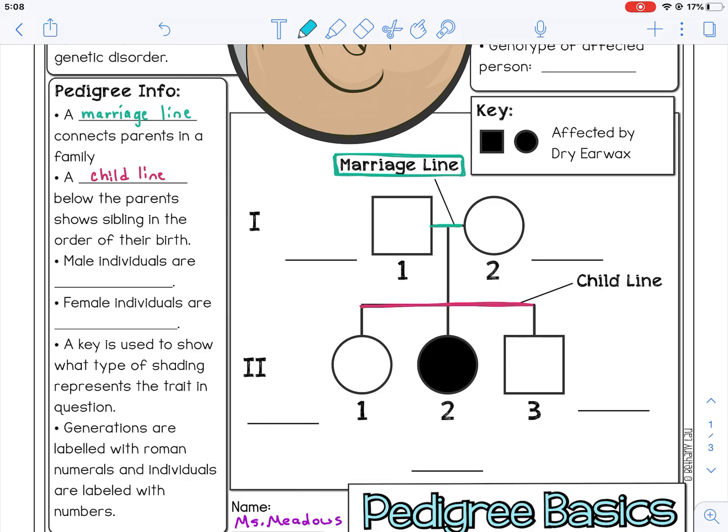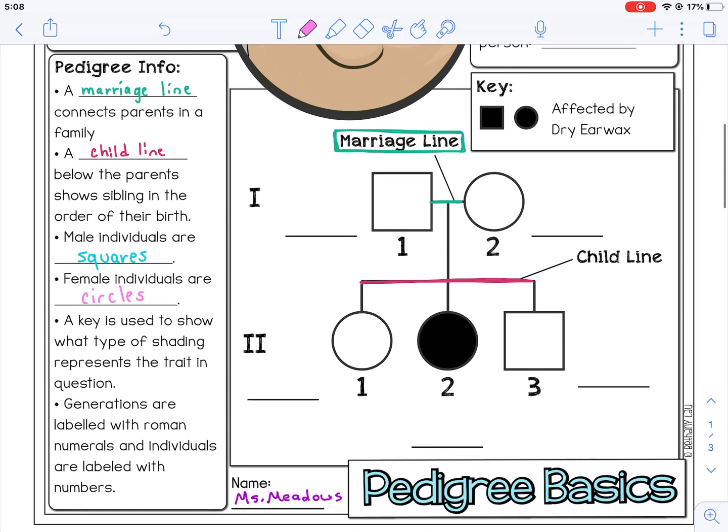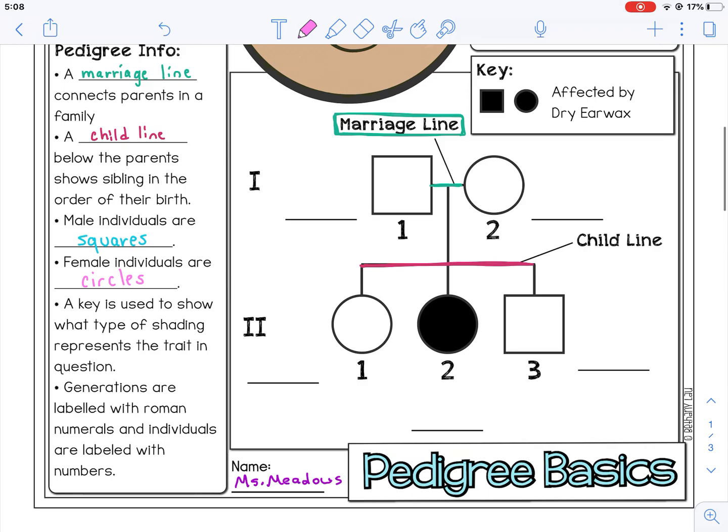Male individuals are represented with squares, and female individuals are represented with circles. A key is used to show what type of shading represents the trait in question. So we're going to talk more about that when we go through this specific example.